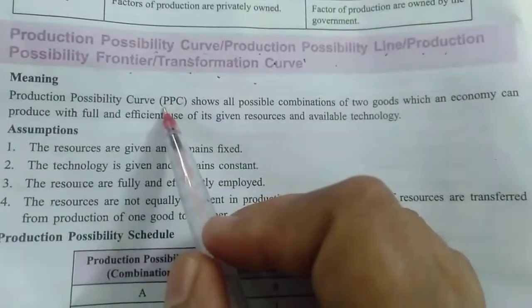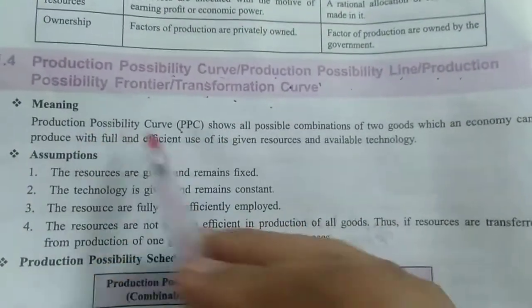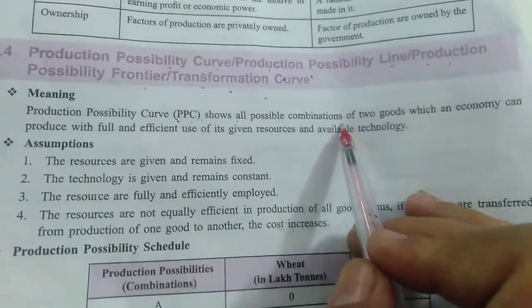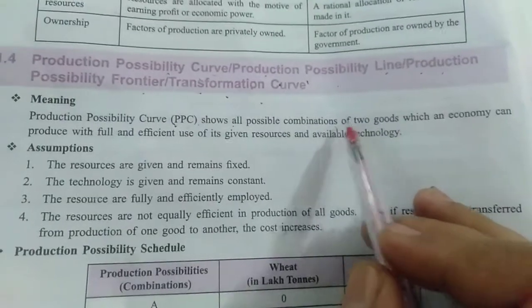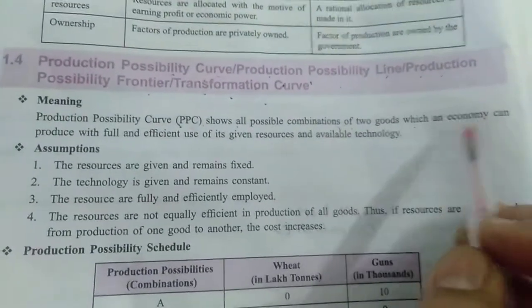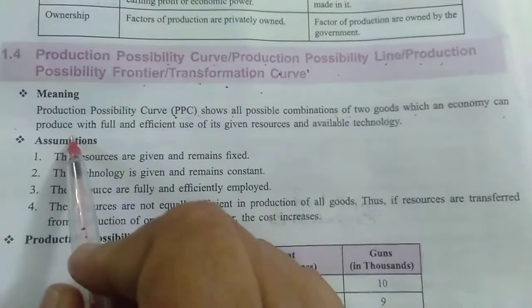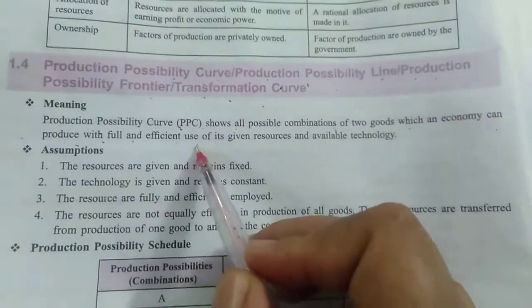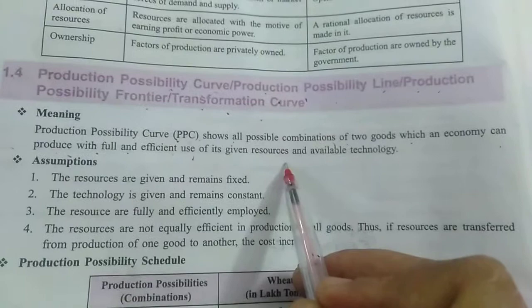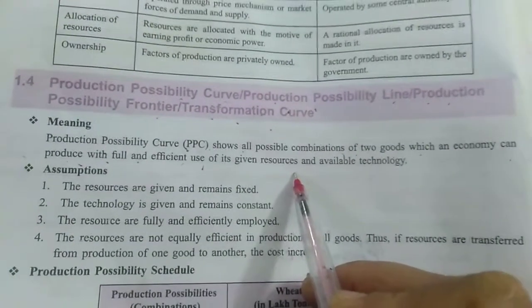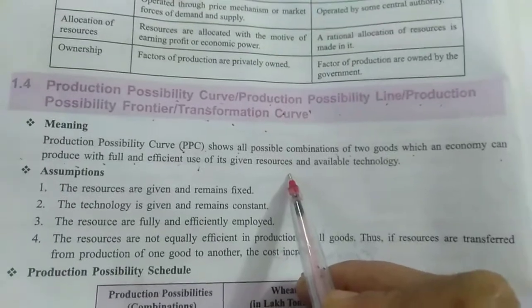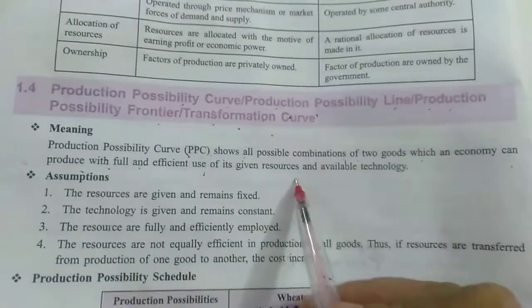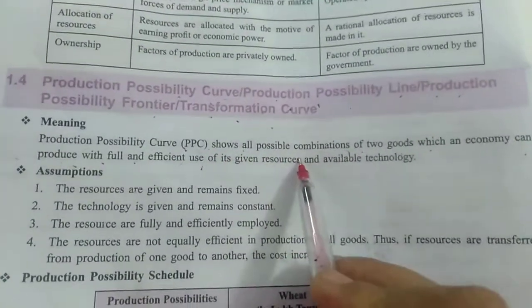What is the production possibility curve showing?